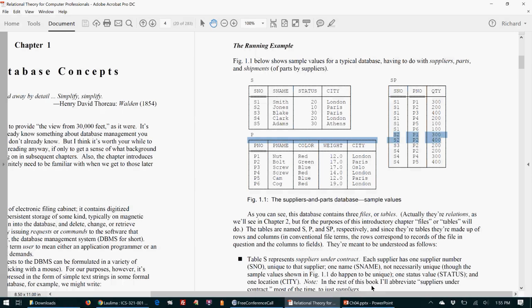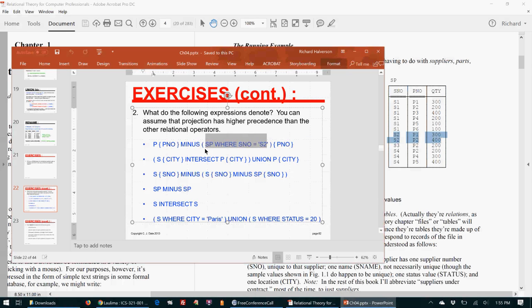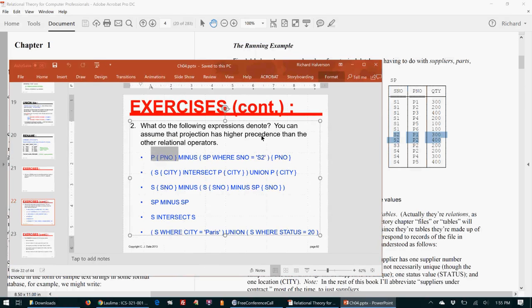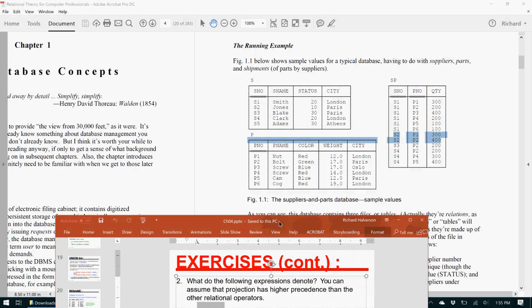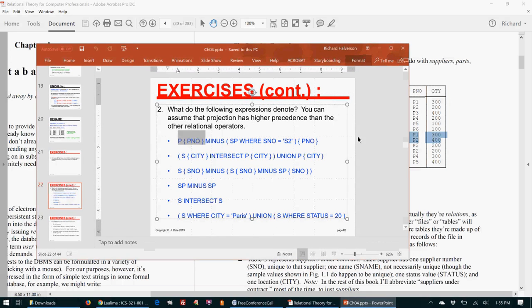So it's P1 and P2. We only want the PNOs, we're just doing a projection. So this side is going to be P1 and P2, and this side is going to be P1, P2, P3, P4, P5, P6. And so it's these minus these, and we end up with P3, P4, P5, P6.